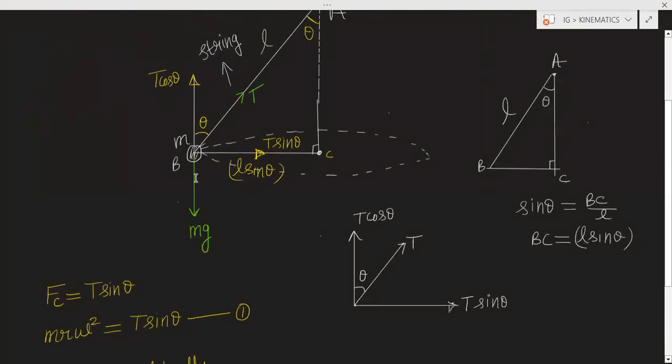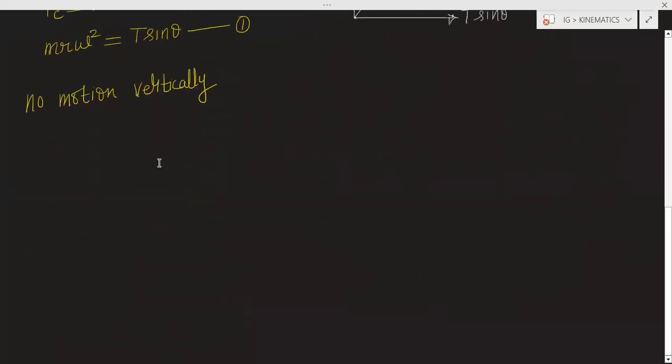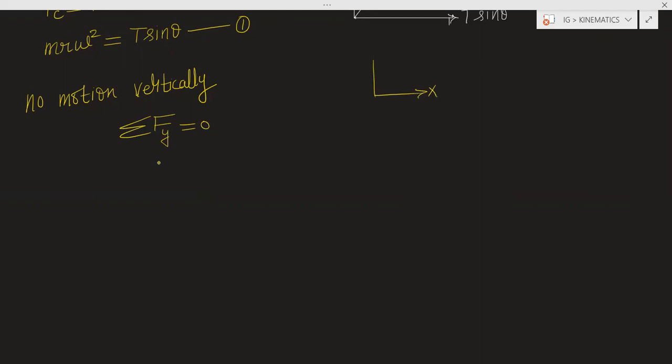If there is no motion vertically, the net force in the vertical direction on this mass m will be 0, because this mass is moving horizontally, not vertically. Taking this direction as x and this direction as y, the net force towards y is 0, means T cos theta minus mg is equal to 0.